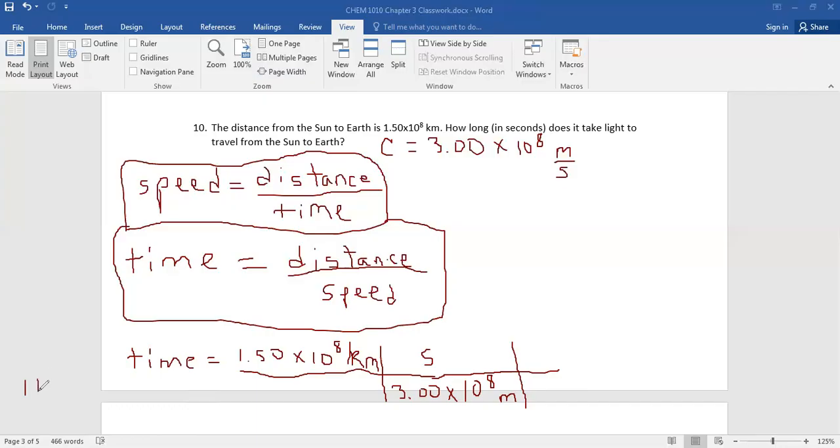For every 1 kilometer, there are 1,000 meters. So we're going to need to use that conversion factor so that we can cancel out the meters and the kilometers. So kilometers are in the numerator. So in our conversion factor, we need to put kilometers in the denominator. And meters are in the denominator here. So we're going to need meters to be in the numerator of our conversion factor so that the meters cancel.